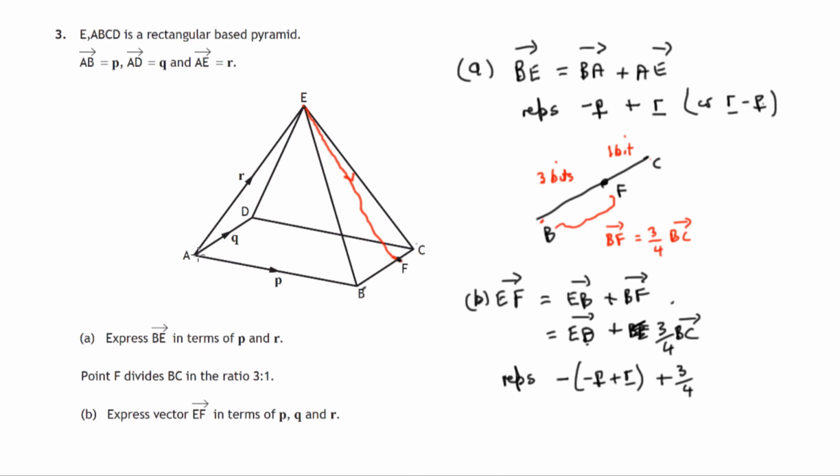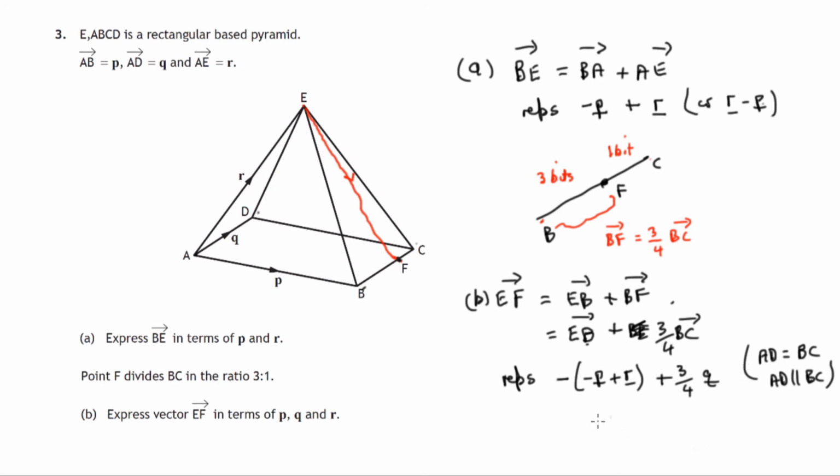Well, yes, it represents Q because it's equal to AD and parallel to AD. That, remember, is the rectangle that the base of the pyramid stands on. So BC represents Q. AD is equal to BC and AD is parallel to BC, because of the rectangle the pyramid's sitting on.